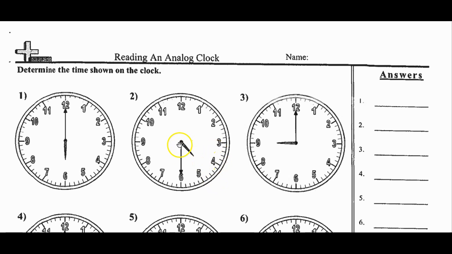Sorry. The hour hand is pointing between the 4 and the 5. Number 2 is actually 4:30. Sorry, made a mistake. Number 1 was actually 6 o'clock, right? Okay.